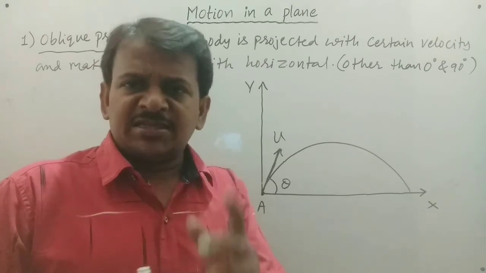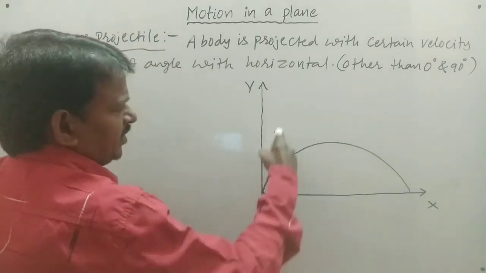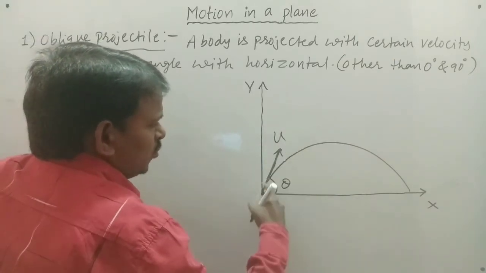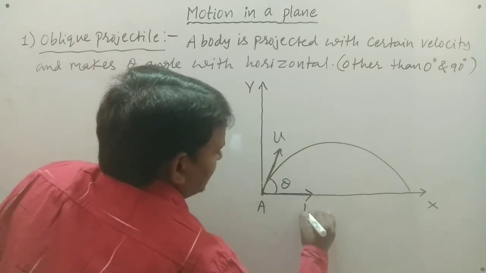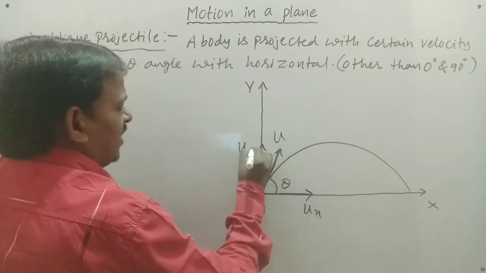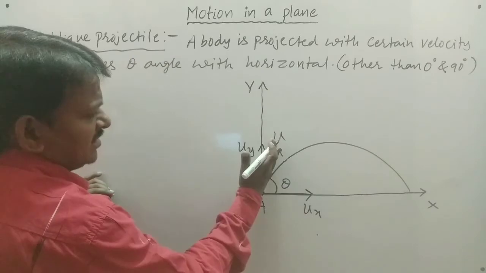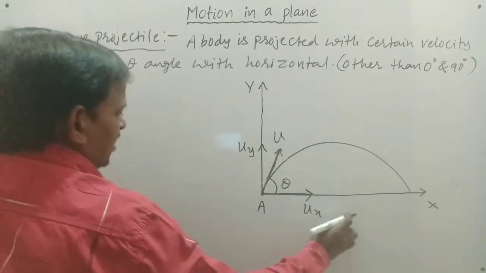Let us see that this is the initial velocity u. It makes theta angle with the horizontal. u can be resolved into two components. Along the x direction it is ux, along the y direction it is uy. ux is adjacent to the angle, so this component is the horizontal component.